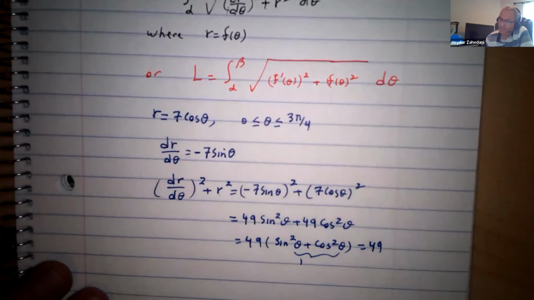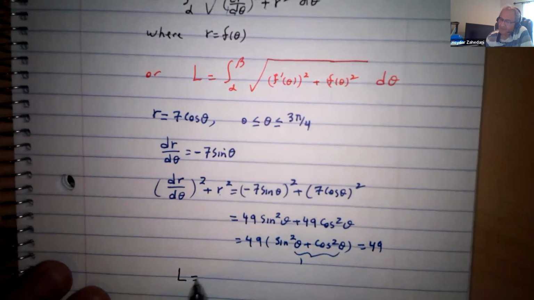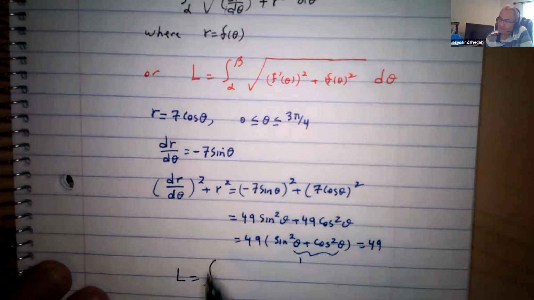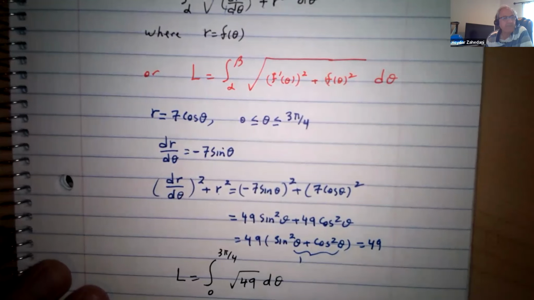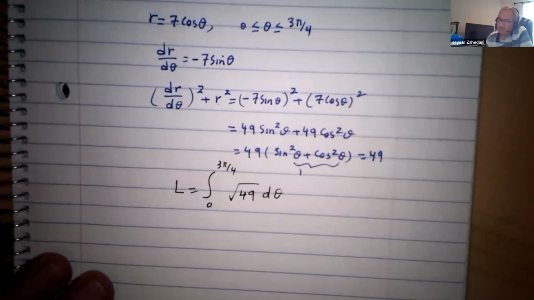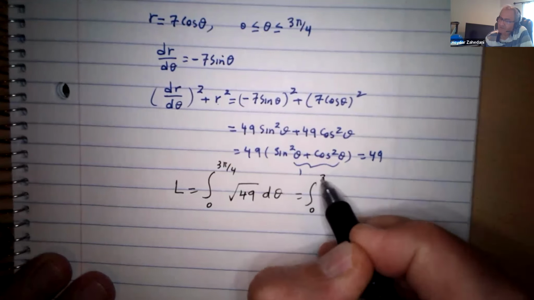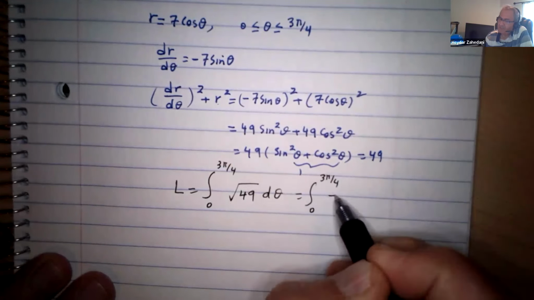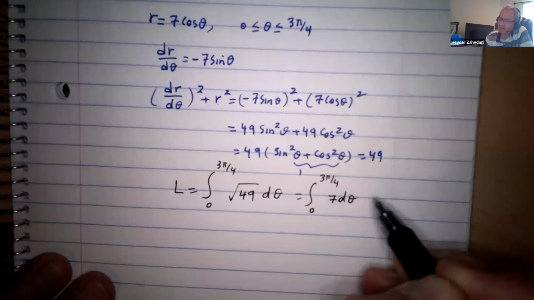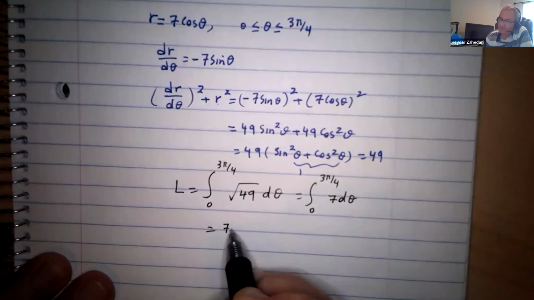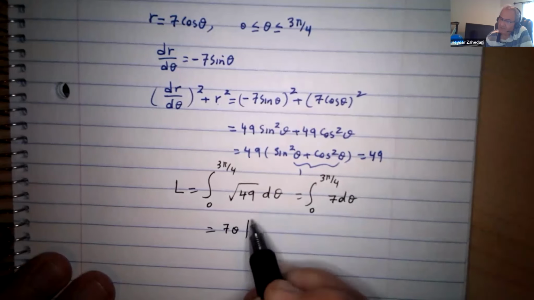So L is equal to the integral from 0 to 3π/4 of radical 49 d theta. Radical 49 would be 7. So the integral from 0 to 3π/4 of 7 d theta. Integrated is going to be 7 theta from 0 to 3π/4.